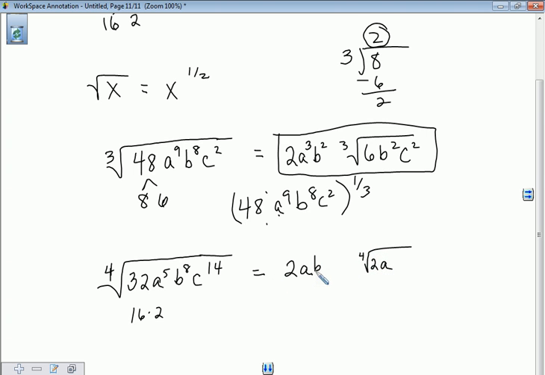Yes. To what power? What's 8 divided by 4? 2. Does any go under? No. Does c come out? Yes, to the 3rd, and 2 left over.